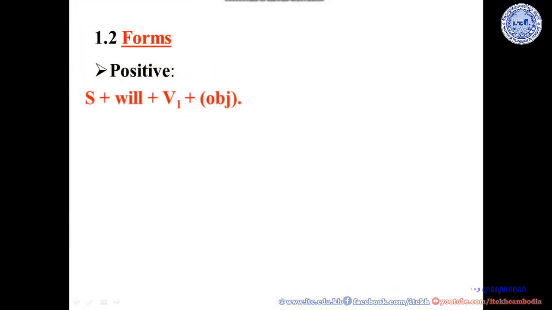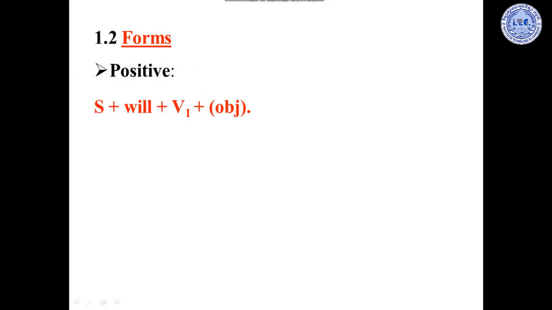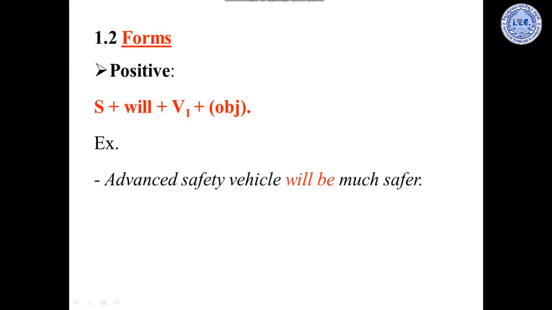Okay, so let's talk about forms. For the positive form, we have subject plus will plus verb infinitive, or we can say verb 1. Example: advanced safety vehicles will be much safer. We use will be, because be is the main verb infinitive.